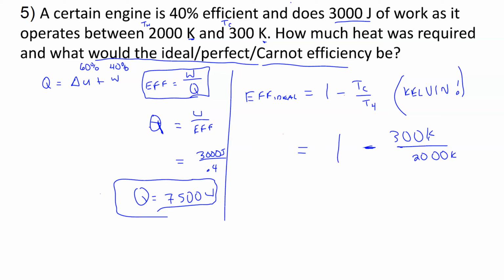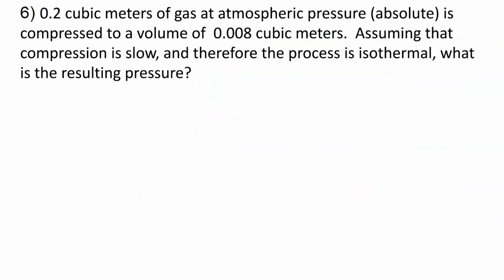Usually we express efficiencies as percent, so that 0.85 would be equal to 85%. In a perfect world with no friction, no air resistance, no loss of heat, anything, if everything was perfect, we could only get 85%. Well, we only got 40%, so there's a lot of losses in the real world there.